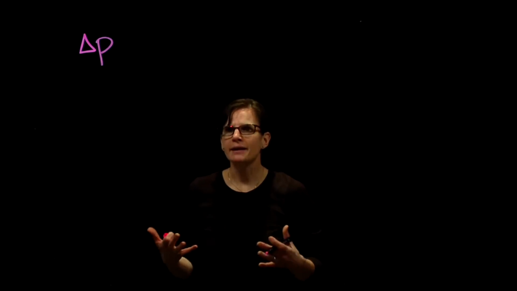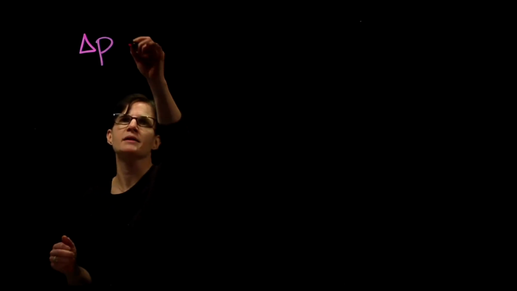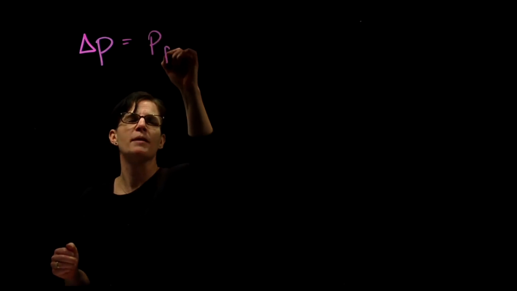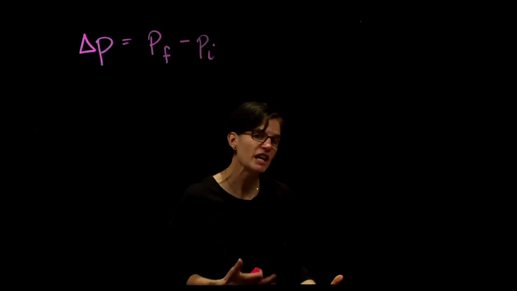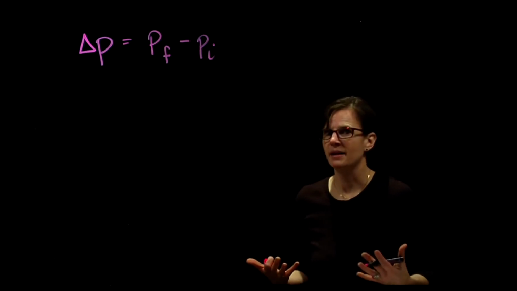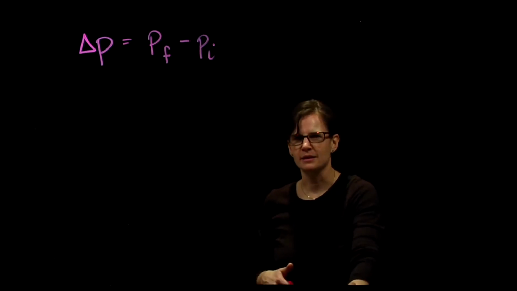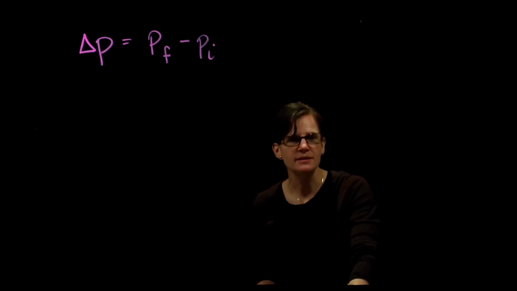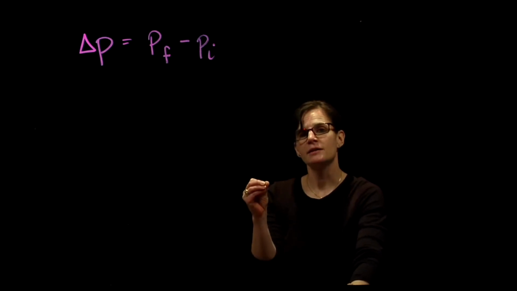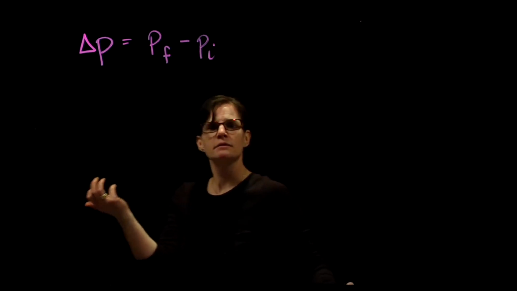Well, just like any change, a change in momentum is equal to the final momentum minus the initial momentum. That's just a standard mathematical definition of change. So it's equal to the final minus the initial. One way to change the momentum of a single object would be to change its velocity.